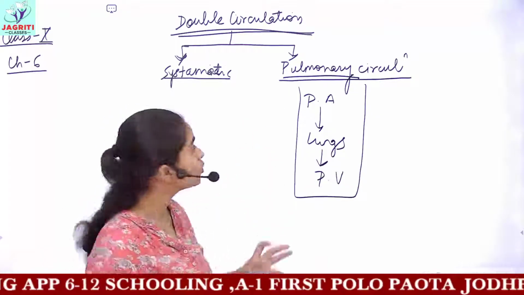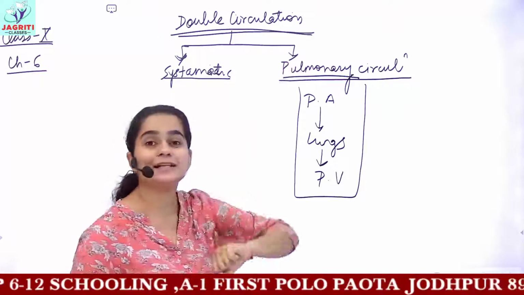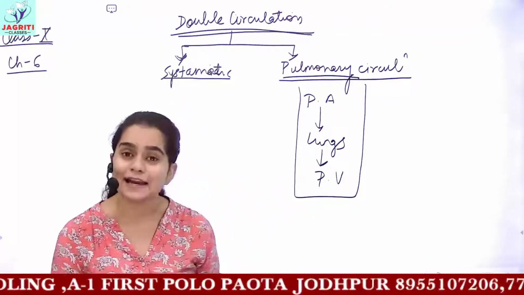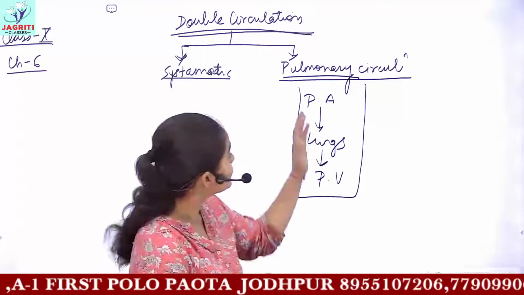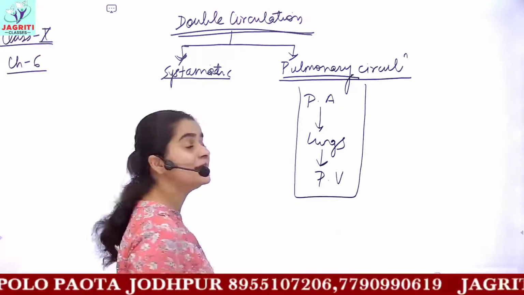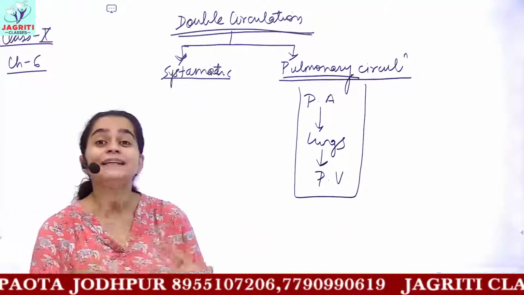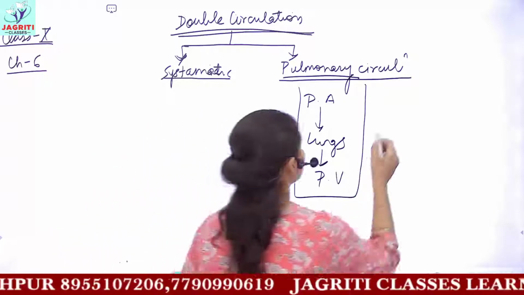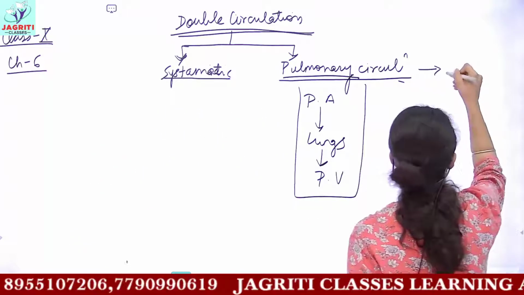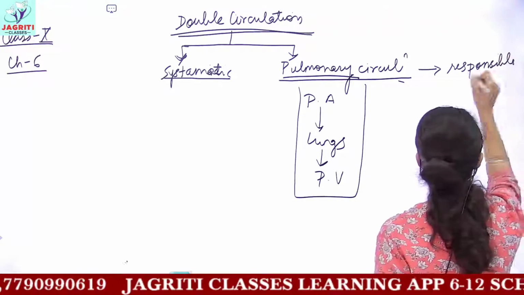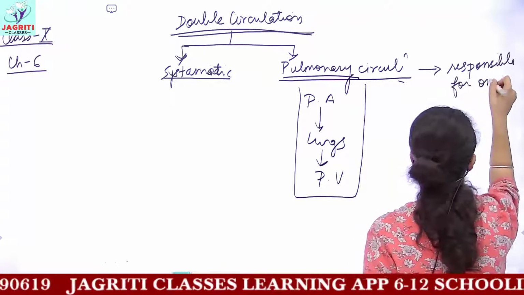If you are asked what is the importance of pulmonary circulation, why pulmonary circulation is seen in organisms or in humans, the answer would be that pulmonary circulation is responsible for filtration of blood, or in a more scientific manner you can say pulmonary circulation is responsible for oxygenation of blood.